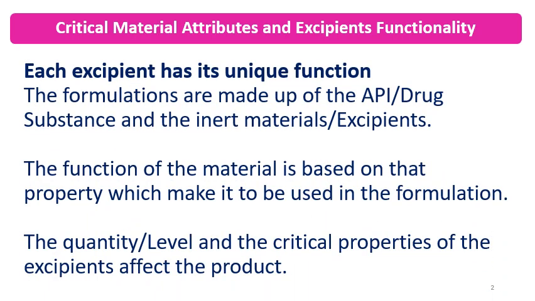Now, the formulation is made up of the active drug substance or active pharmaceutical ingredient, that is drug substance, and the other raw materials which are known as excipients or the inert raw materials. And what is the role of these inert raw materials in the formulation?